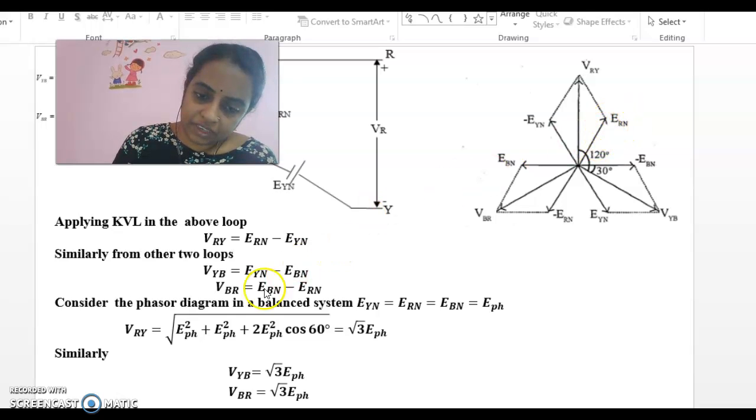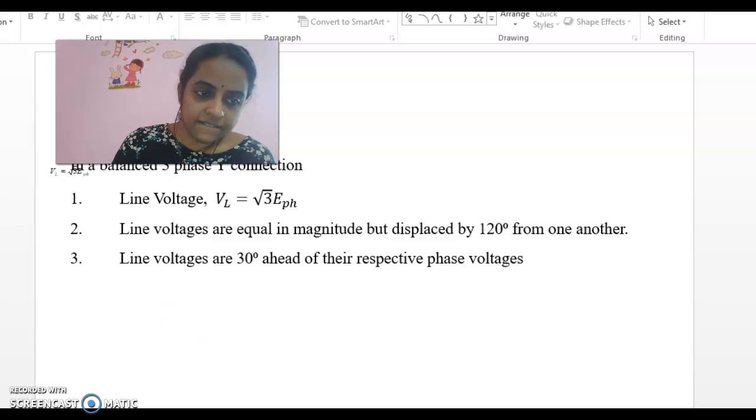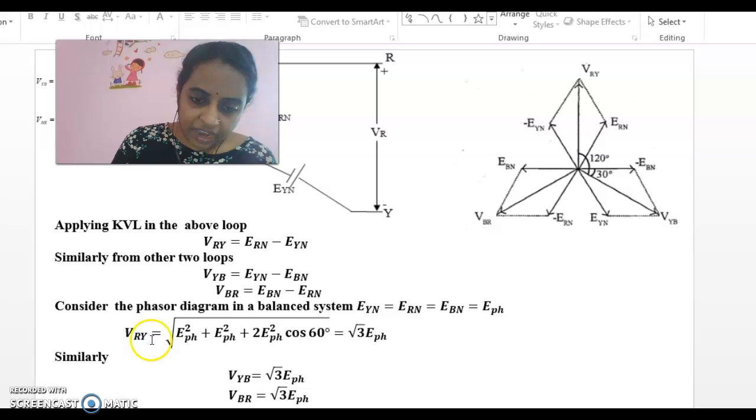We know ERN equals EYN equals E phase, so I substitute E phase here, 2 into E phase square. The angle between ERN and minus EYN is 60 degrees, because ERN and EYN are 120 degrees apart and it is a bisector, so it will be 60. So VRY equals root 3 E phase. Similarly, VYB equals root 3 E phase, VBR equals root 3 E phase.